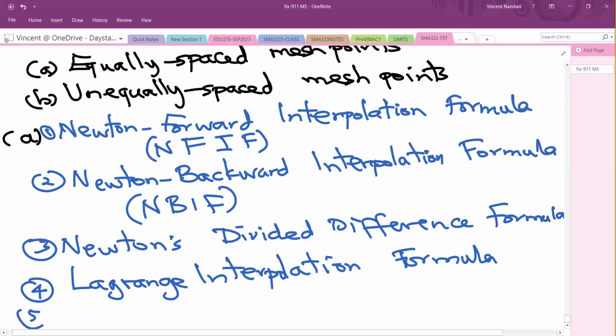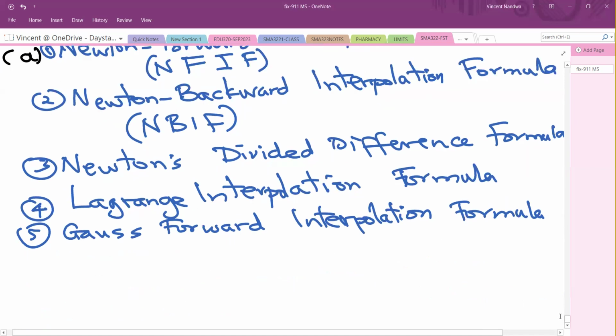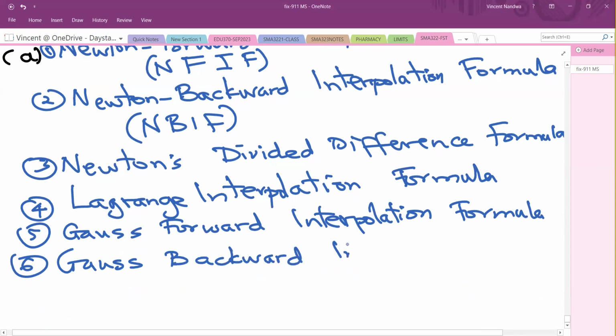Number five, there's what we call the Gauss forward interpolation formula. Number 6, the Gauss backward interpolation formula.